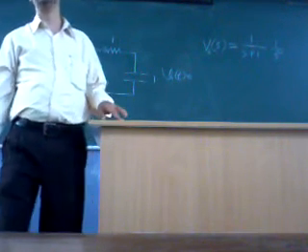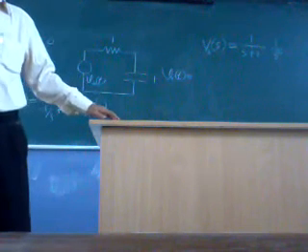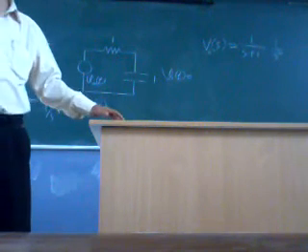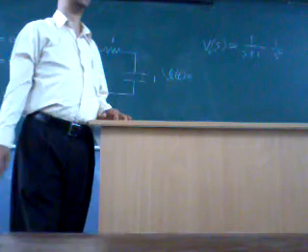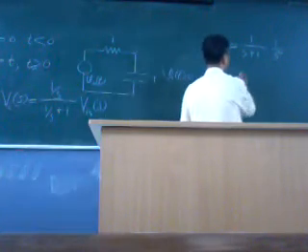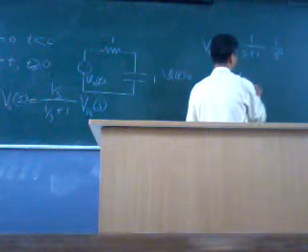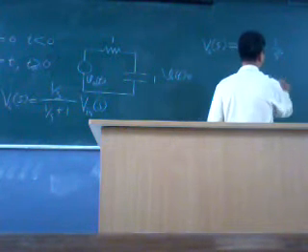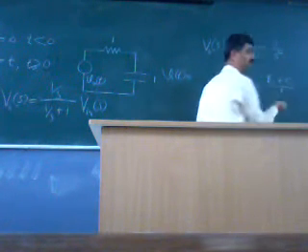Where is the partial fraction expert? Where is he? What are the partial fractions now? It can be like this: A upon s plus 1 plus Bs plus C upon s square, right? Is it like that? Or what?